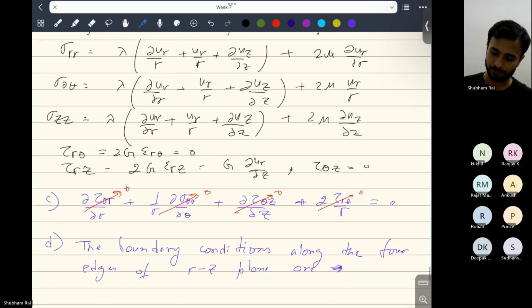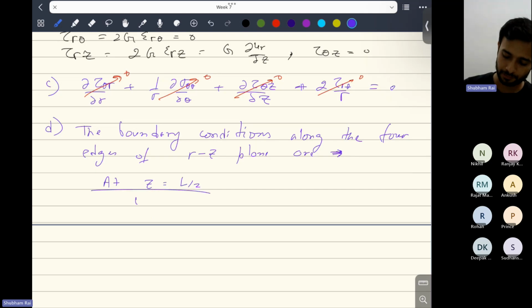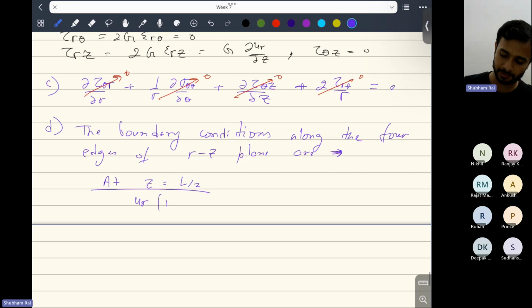Okay. So let me just write the boundary conditions. So at Z is equal to L by 2, I'm firstly writing. So at Z is equal to L by 2, you have radial displacement will be 0, right? So radial displacement at any radius, at Z is equal to L by 2, will be 0.